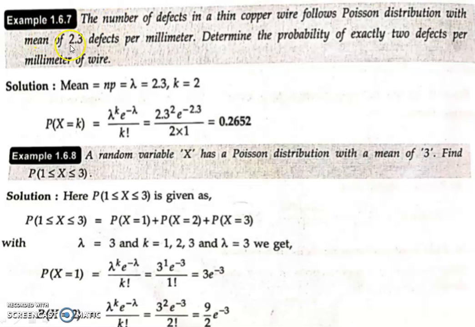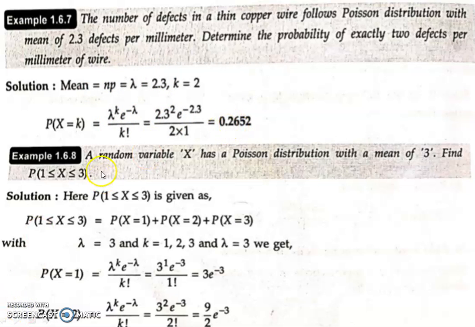They have given you the mean, so you need to use this equation to get the answer. Otherwise, you can go with the previous equation if the n value is given to you. If the mean is given, that means the lambda value is known to you, so you use this equation and you will get the answer 0.26.